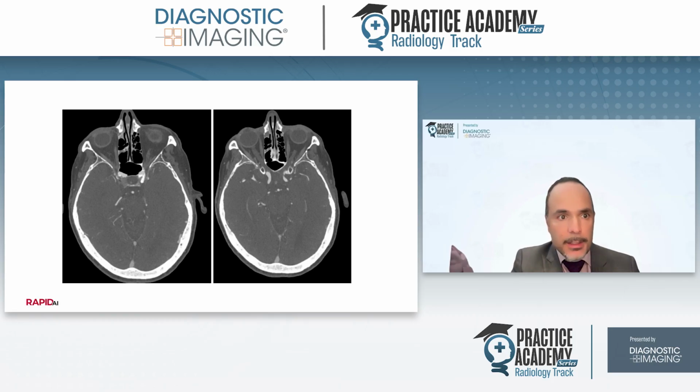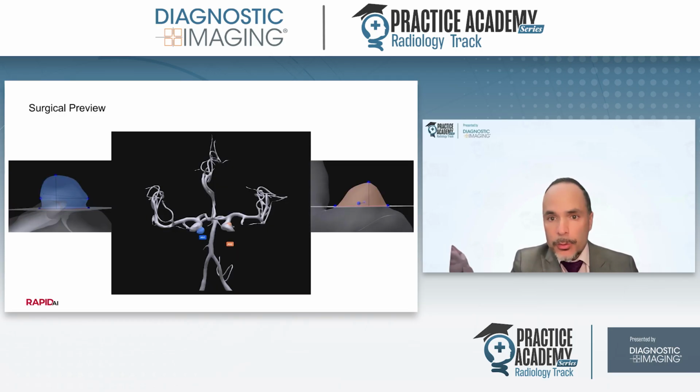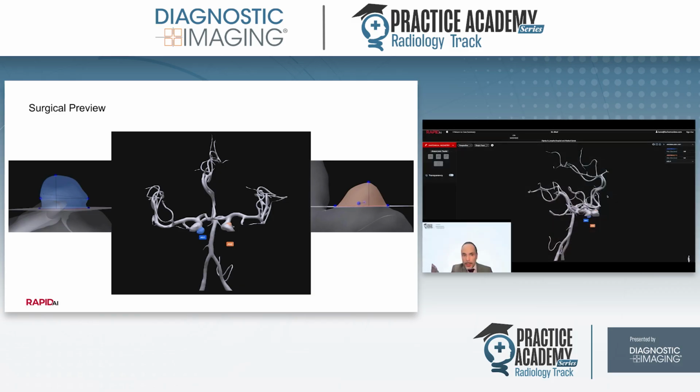Now, on the other hand, the surgical preview within the Rapid AI tool produces these very high fidelity 3D renderings. As you can see here, you have control with full rotation around 360 degrees. You can see that two aneurysms have been identified here. Now you have these cut planes. These cut planes give you a great deal of additional control over the rendering and the representation.